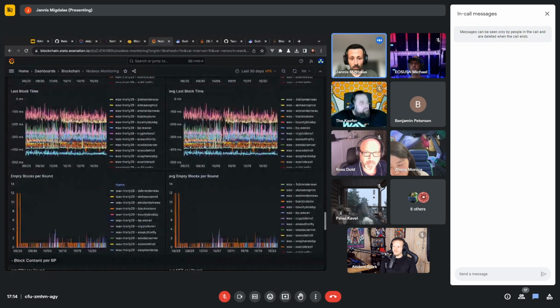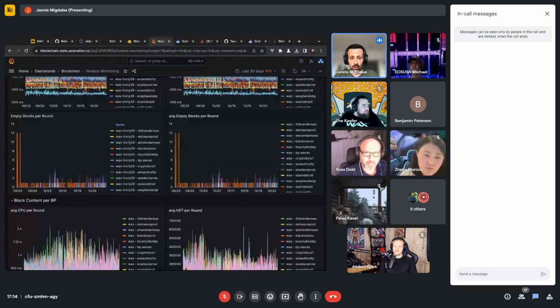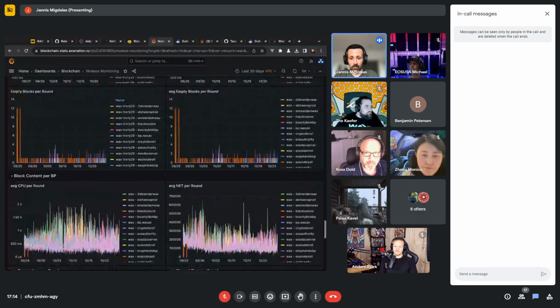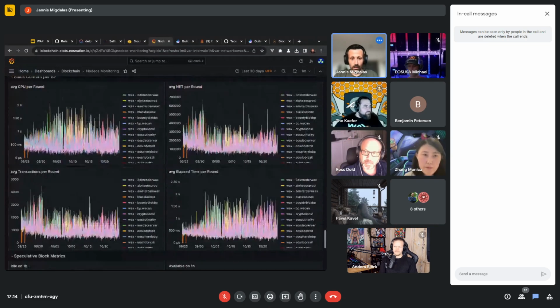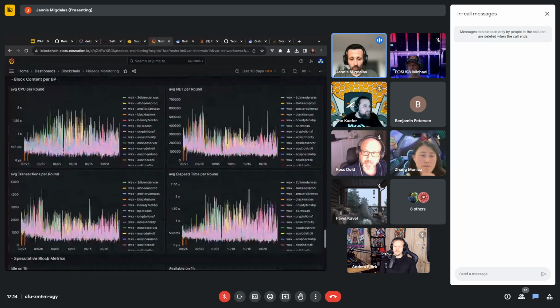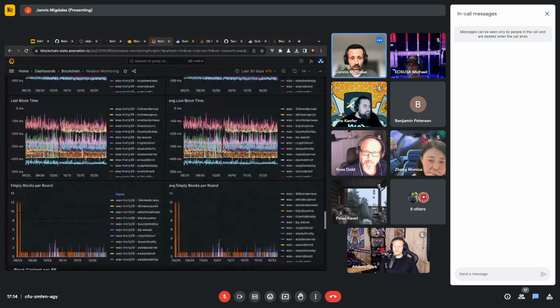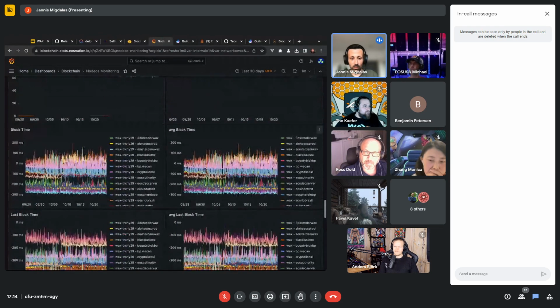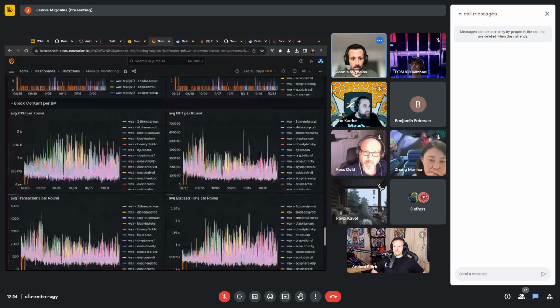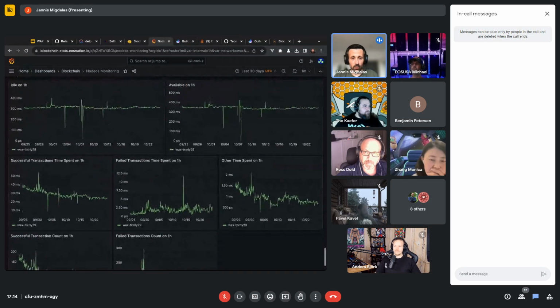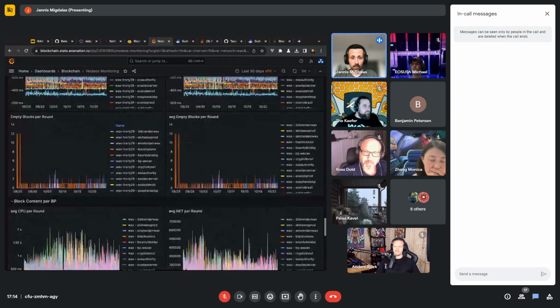Block times look stable. Not many empty blocks per round, which is a very good thing. And also a pretty stable, I think, CPU consumption across all guilds and all blocks. Nothing more noteworthy here.